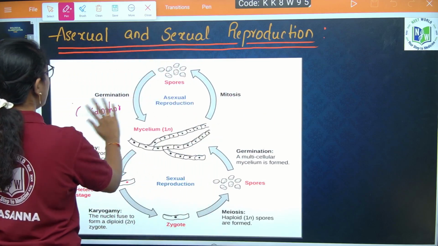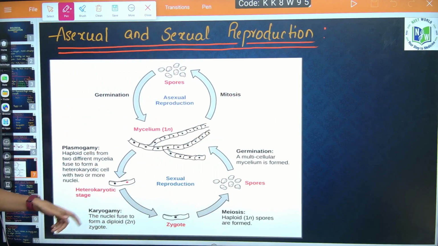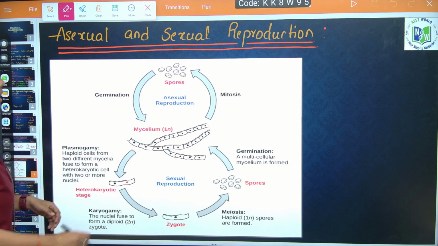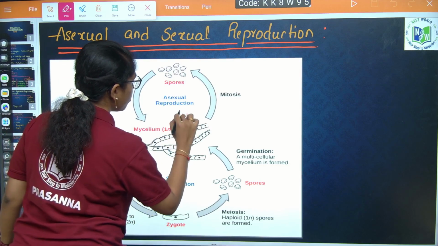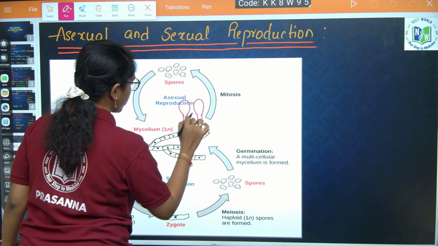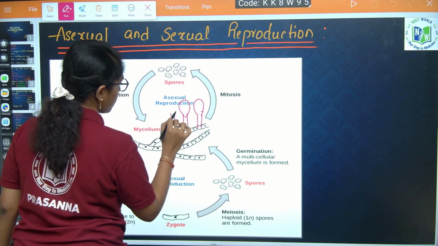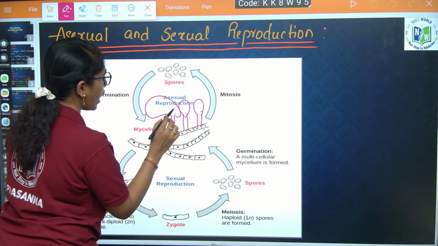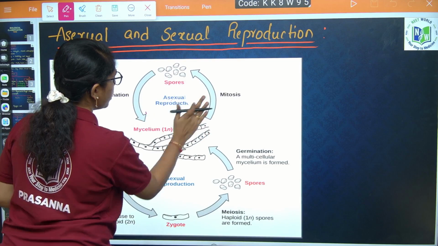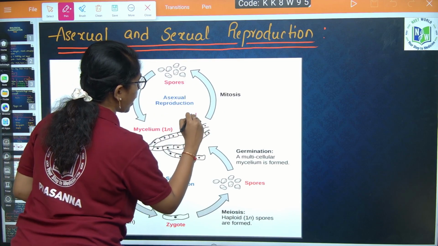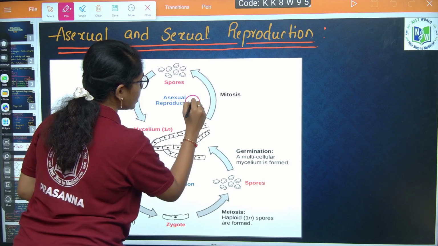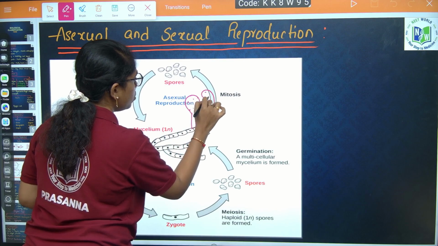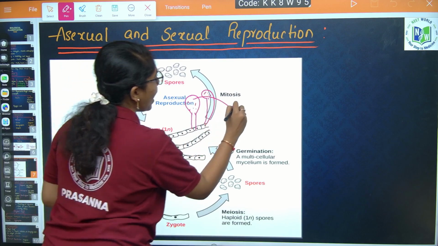If you look into sexual reproduction, this fungal body again gives rise to fruiting bodies, like the sac-like structures, okay, fruiting bodies. These fruiting bodies, the ascocarps, again sac-like structures, will fuse and form the ascus.